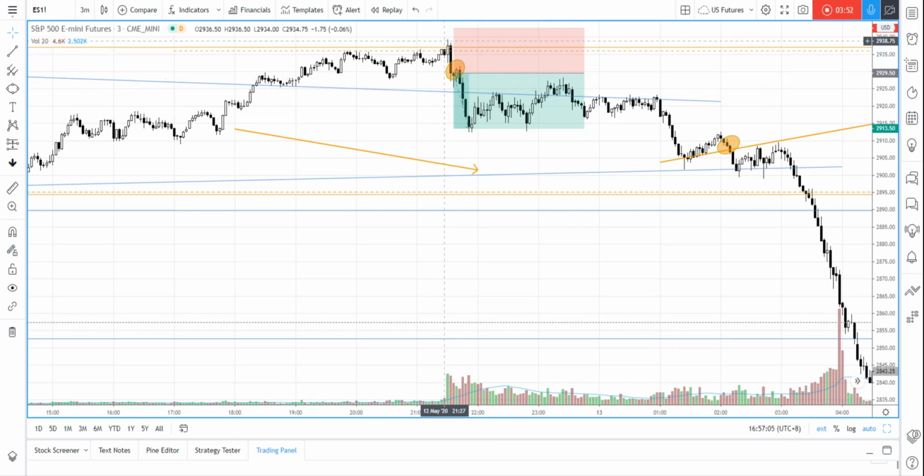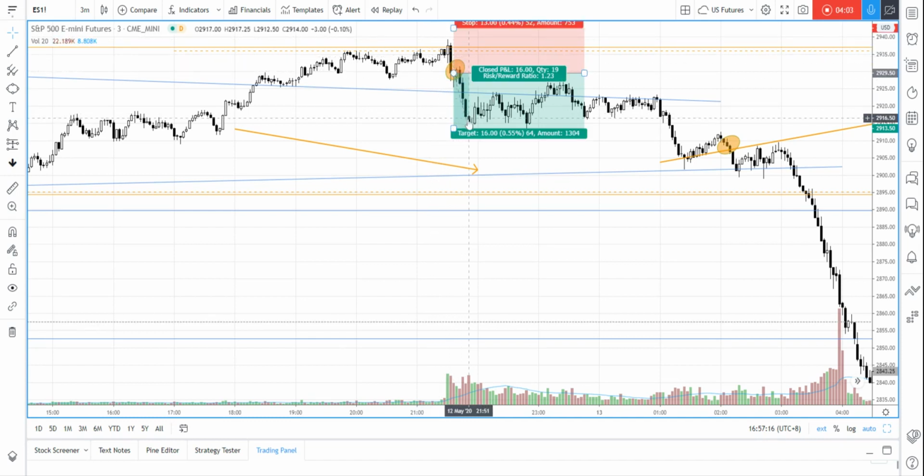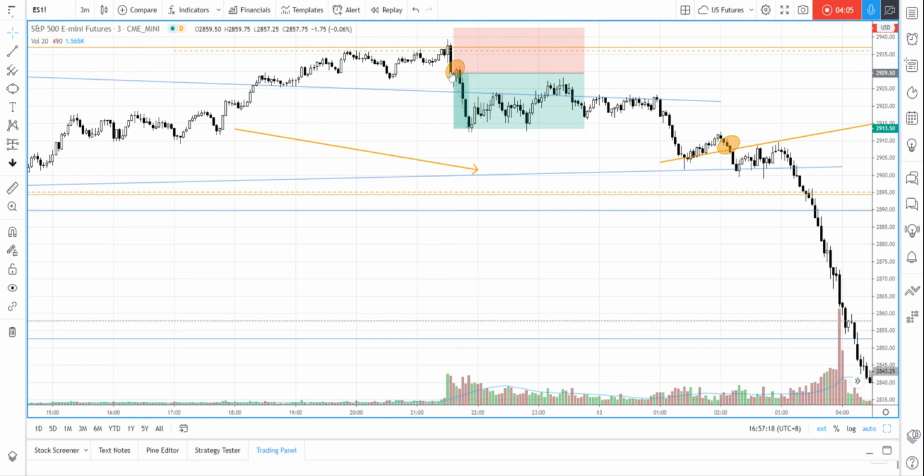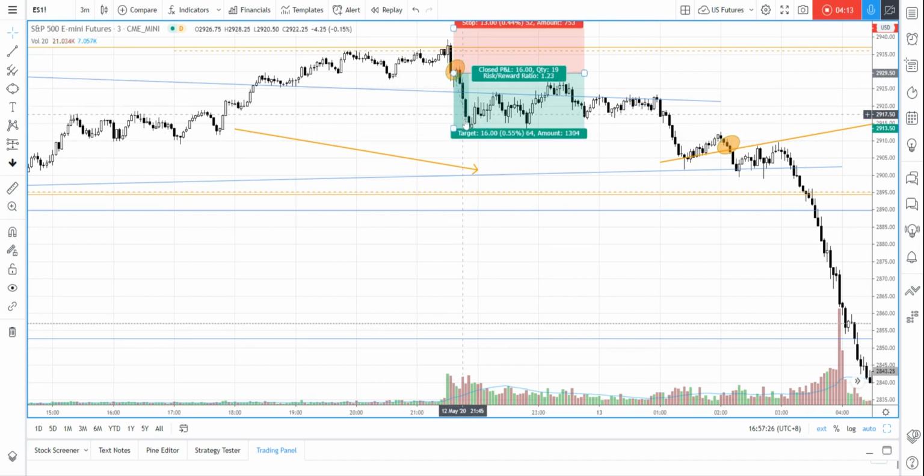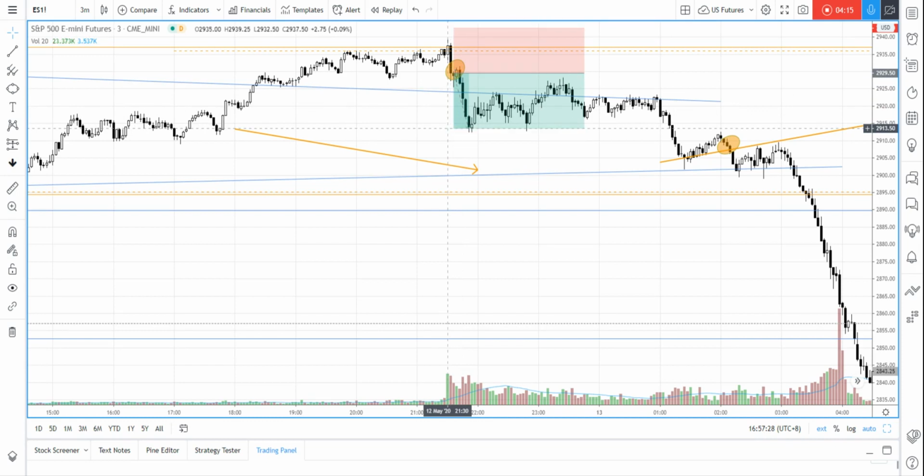So this is one of my favorite setups. I usually trade the spring or upthrust to trade it down, and you can actually catch a very strong move down. Right after the close of this candle, I entered a short entry, and I took my profit at a support level at 2915.